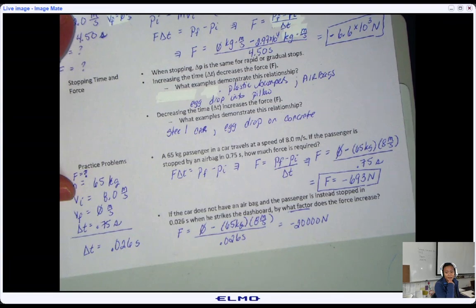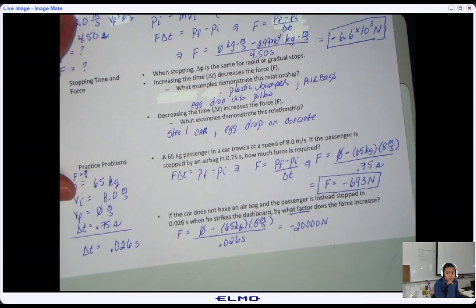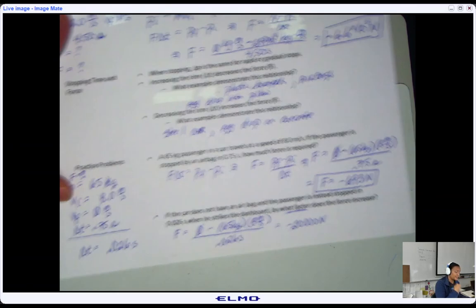So how would I find by how much it increased? The factor by which it increased. What would you do? How do I figure out? Did it double? Did it triple? You divide them.